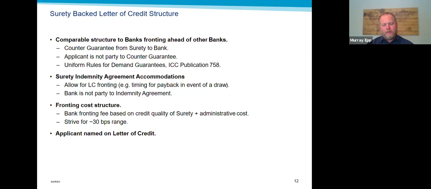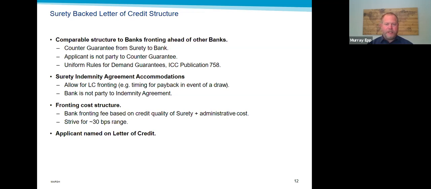So the banks fronting ahead of other banks have really set the guidelines on how these counter guarantees work. The counter guarantee from a surety to a bank is generally subject to the same rules that the International Chamber of Commerce has laid out for bank-to-bank counter guarantees. There might be some nuances or accommodations on the indemnity agreement between the applicant and its surety company when we do this LC fronting.